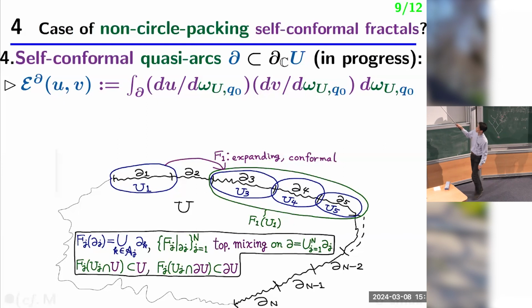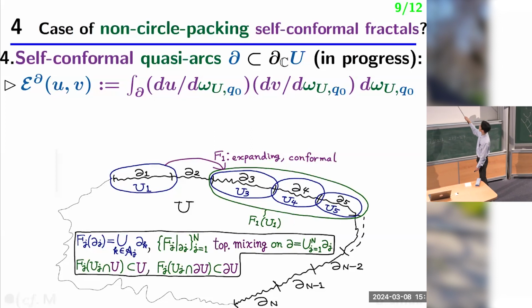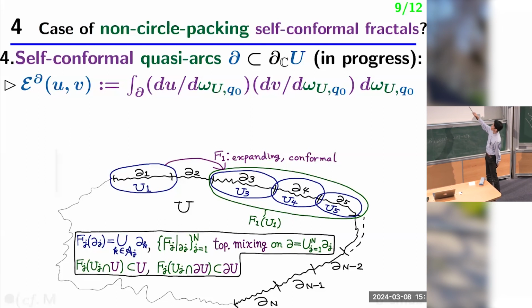So this is the harmonic measure on the domain U from some fixed point q0 in the domain. And I'm considering here functions u and v on the curve which are absolutely continuous with respect to the harmonic measure.